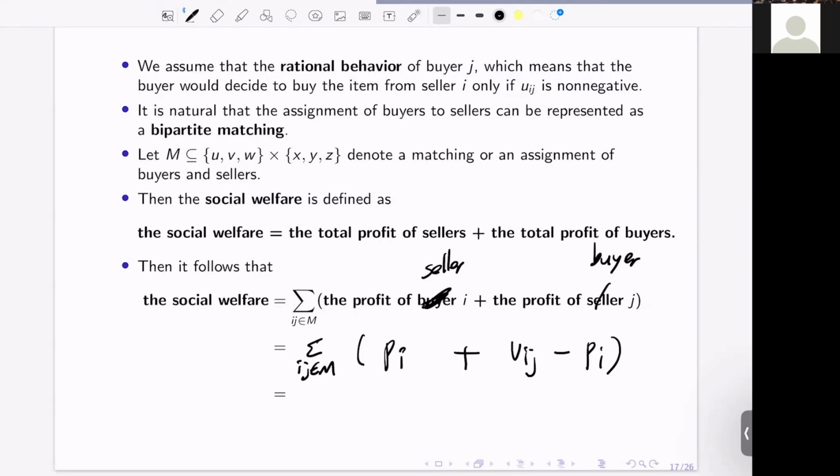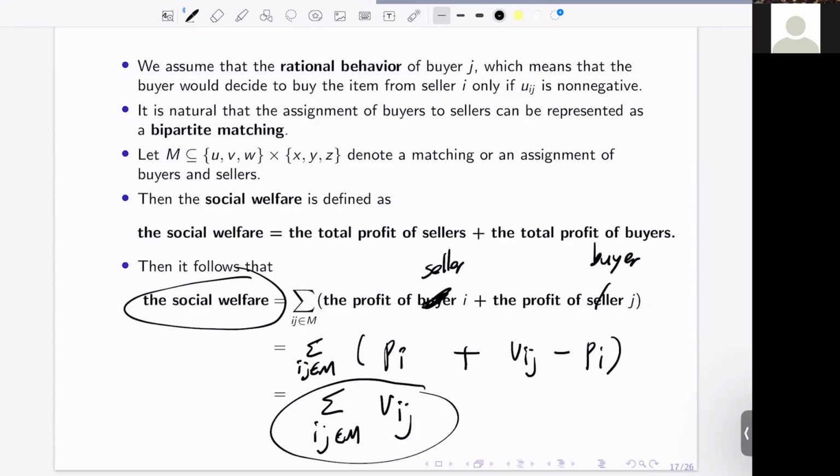So the total social welfare is the sum over (i, j) in M of V_ij. Okay, so let's look at this. Social welfare equals the summation of the valuations over the assignments.